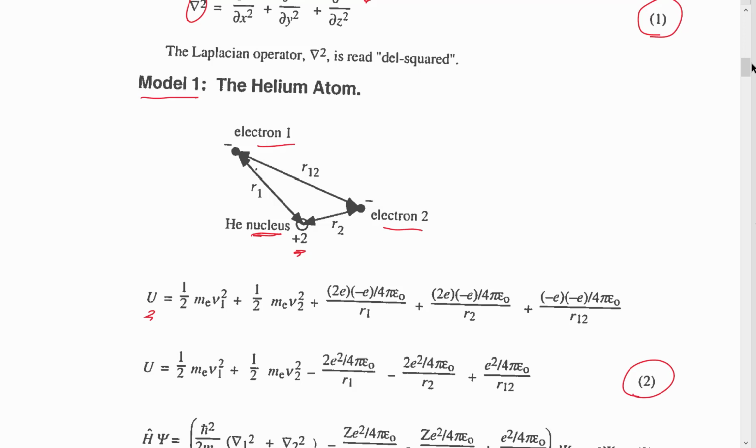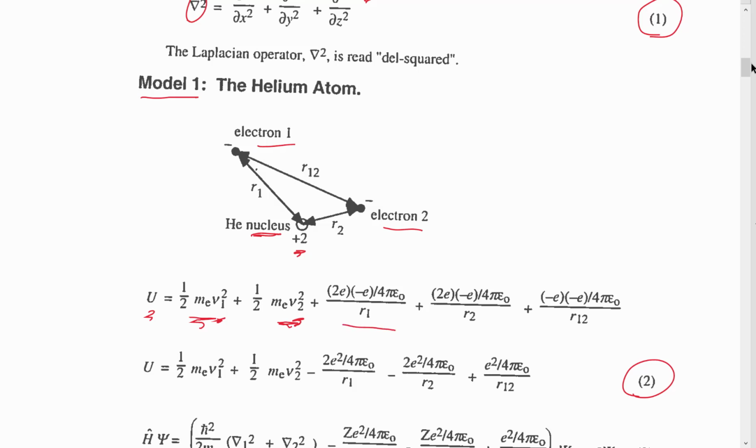What we recognize first of all is that we've got a kinetic energy for our first electron, referring to the velocity v1, and then we have a second electron with the velocity v2. That's the kinetic energy of these two electrons, and then we have three potential energy terms.